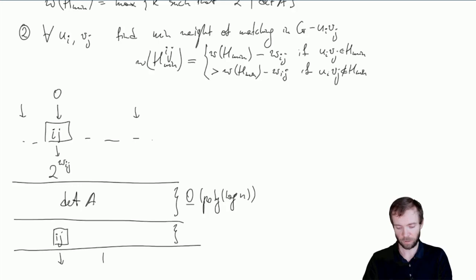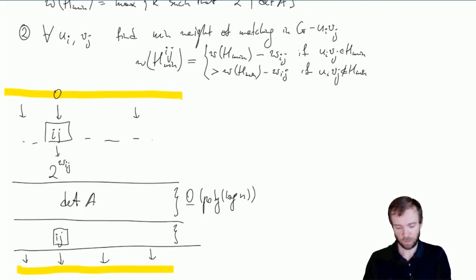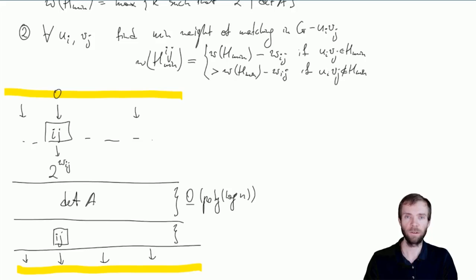So the output is a simultaneously produced Boolean vector, which is an indicator vector of a matching. So we have this parallel scheme where the input is a characteristic vector of the edge set of the graph itself, and the output is the characteristic vector of a matching in this graph.